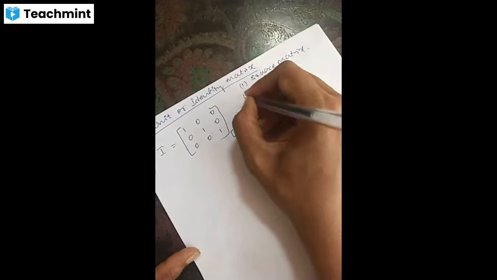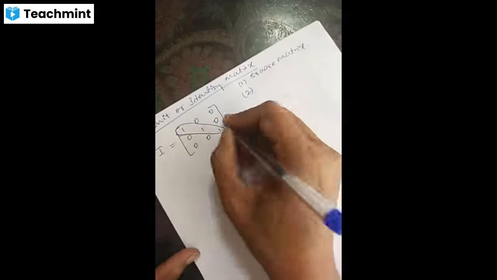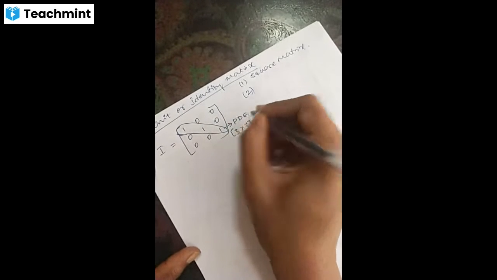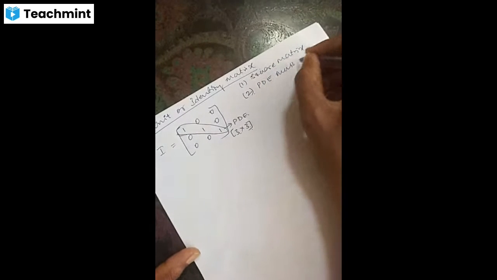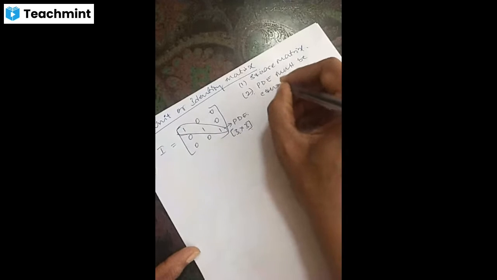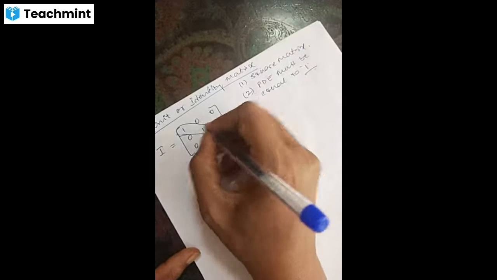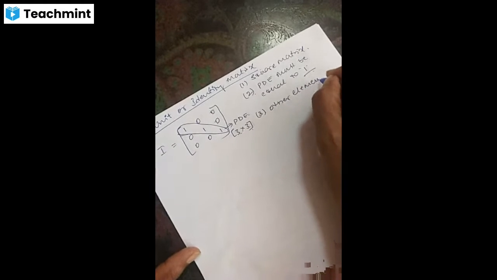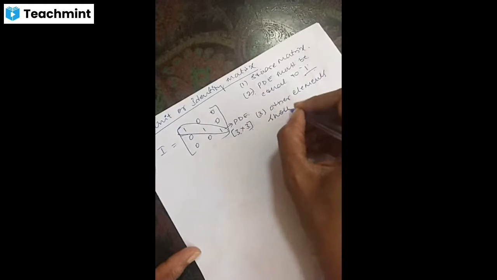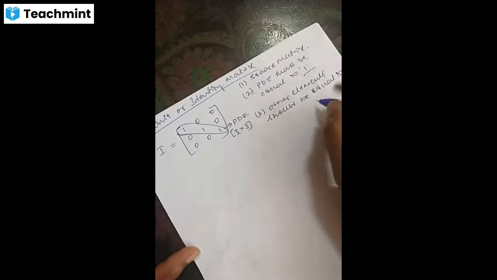The second point is that all the principal diagonal elements must be equal to 1, and the other elements should be equal to 0.